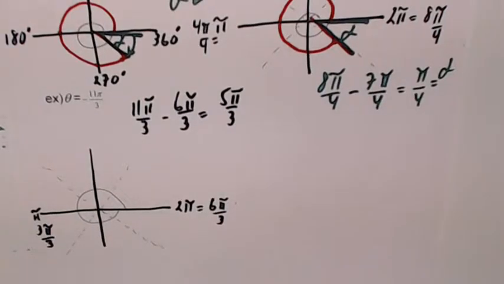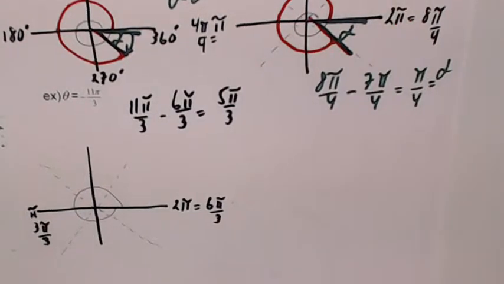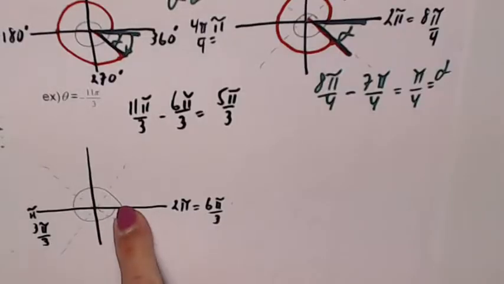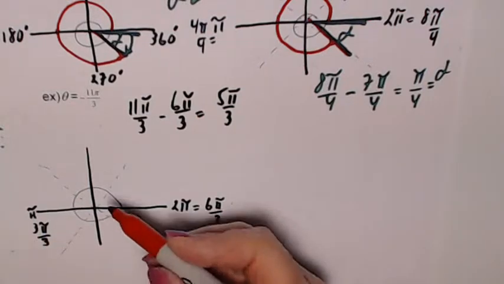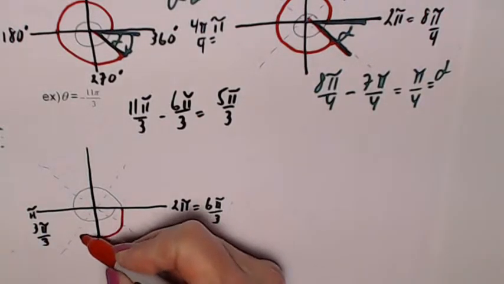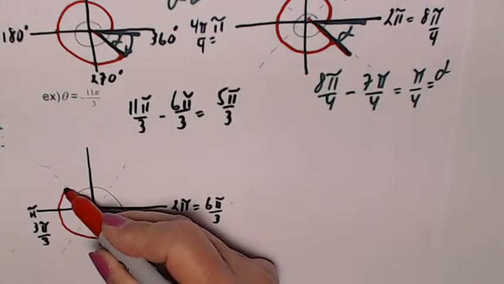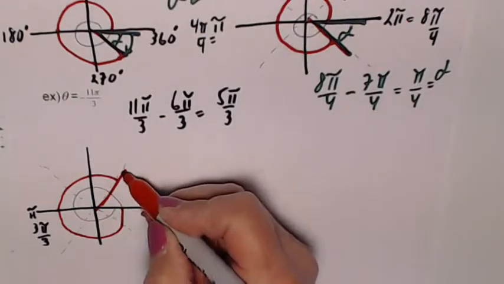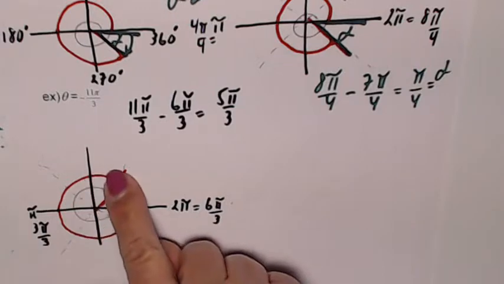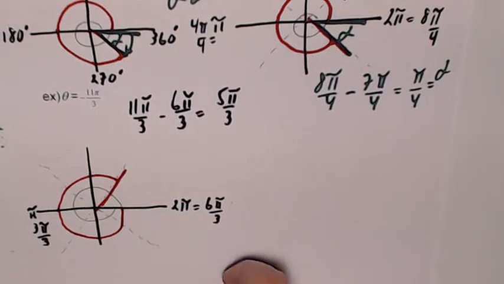So from here, we know that we're going 5 pi over 3, and we're going in the clockwise direction. So here's 1, 2, 3, 4, 5. So here is the angle that we have created.